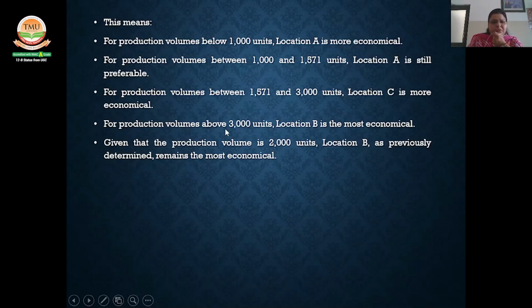For production volume above 3000 units, location B is the most economical location. So given that production volume is 2000, location B is determined and remains the most economical as per the previous calculation.